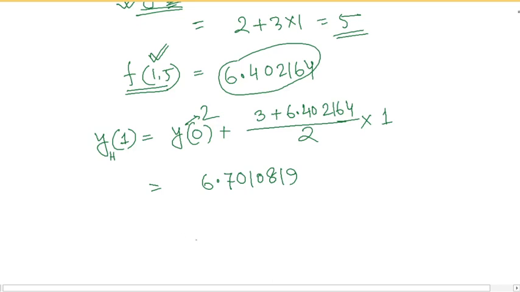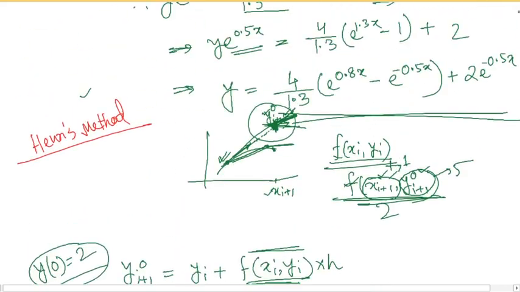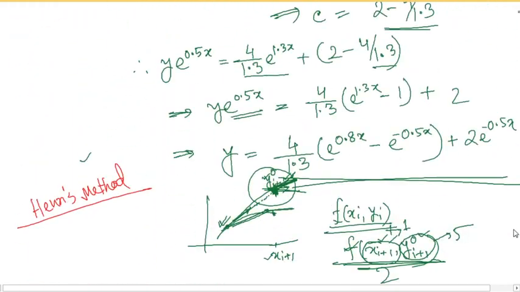And the true solution, we can also obtain from our analytical approach. The true solution at x equals 1: if we put the value x equals 1 in this equation, this is the analytical solution. Put this value here, then you will be getting the value of y.